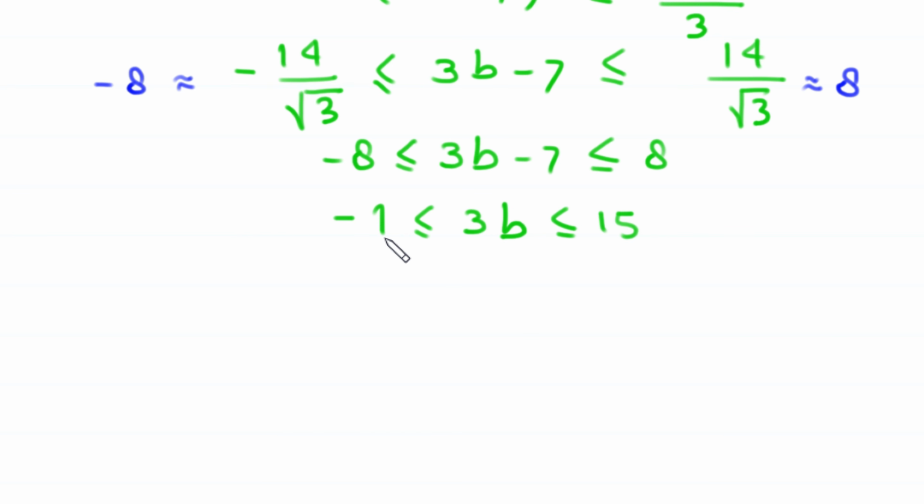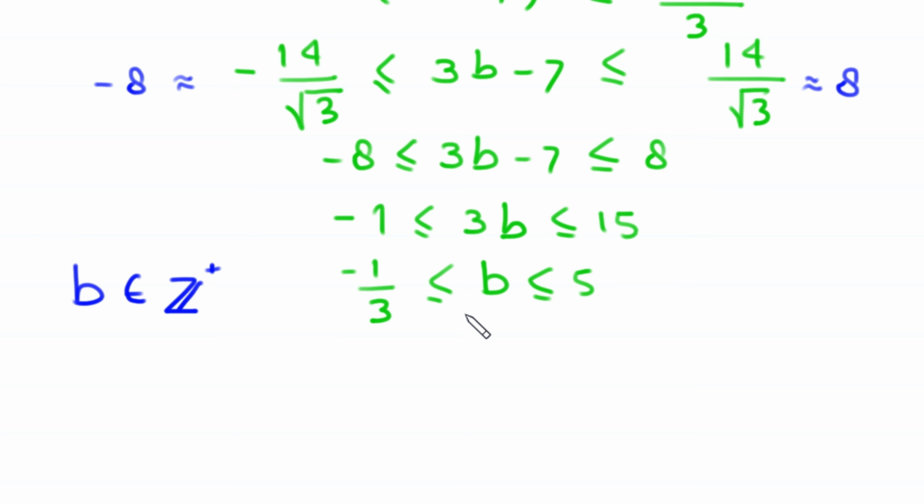And dividing by 3 gives b must be less than or equal to 5, and b must be greater than or equal to negative 1 over 3. And because b is a positive integer, this can be written as b must be less than or equal to 5, and b must be greater than or equal to 1.